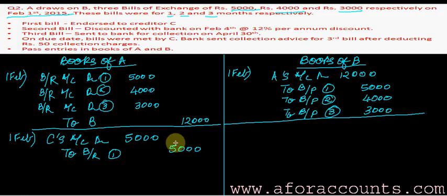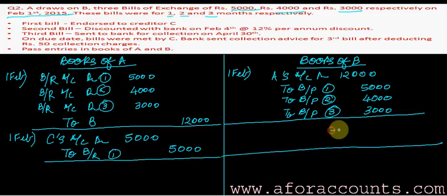Now B needs to pay. So even if the bill is endorsed to someone, he will pay not to B, not to A, but to C. So for endorsement, no entry has to be done in books of B. When there is payment, then he'll pay it in cash. So even at the time of payment, the entry will be bills payable account debit to cash.